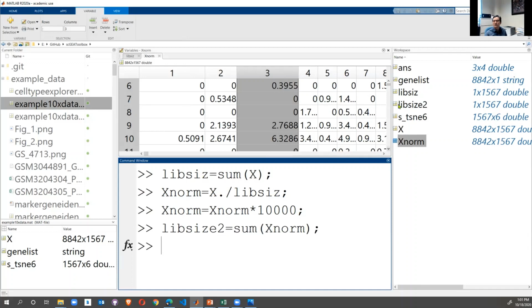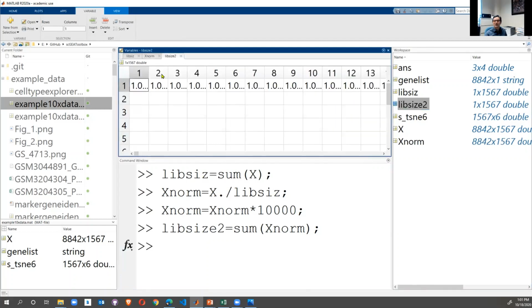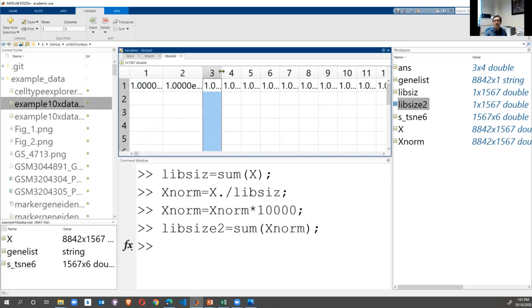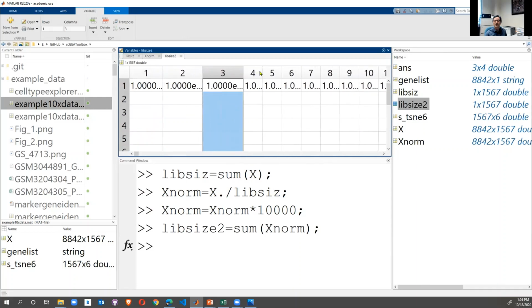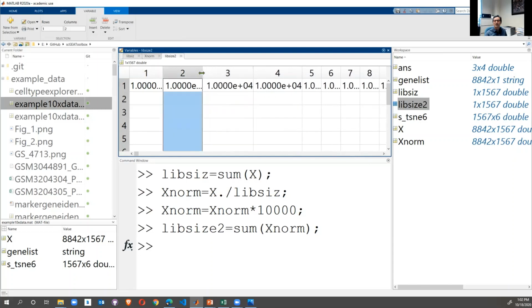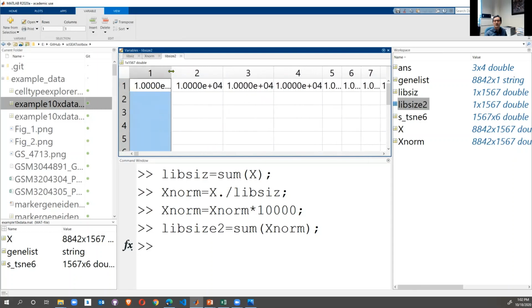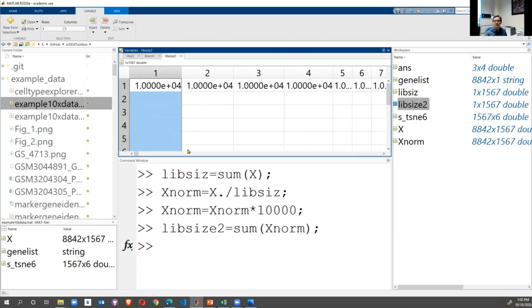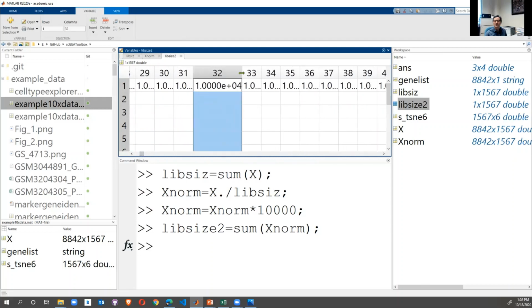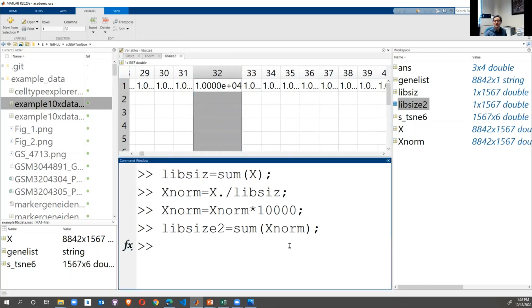And now you can see they are all the same values. The value is 10,000 across all the cells. Okay, and that means we have already normalized all the cells in this way.